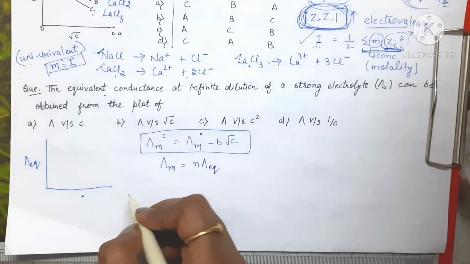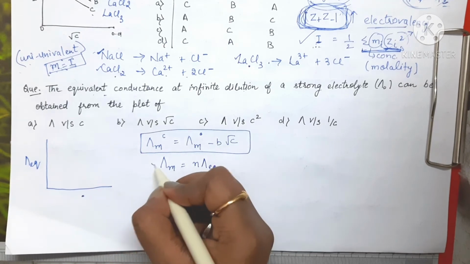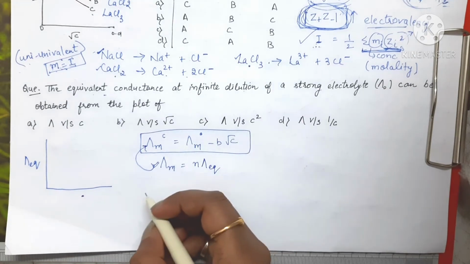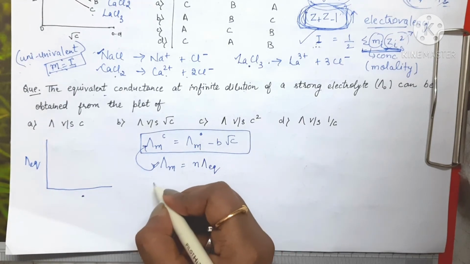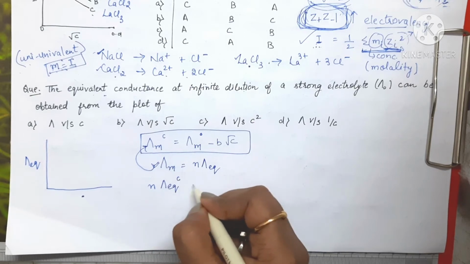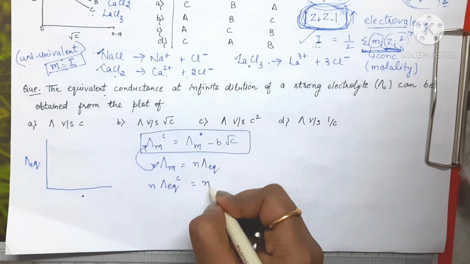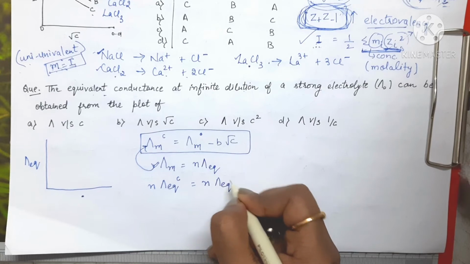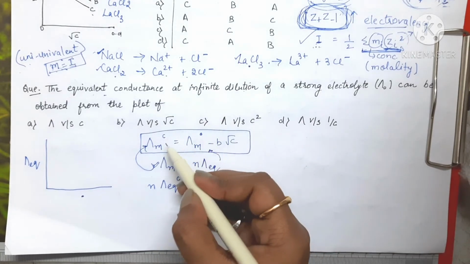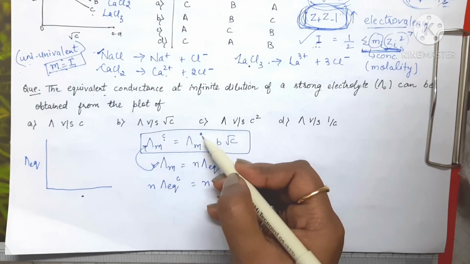So I'll just put this value over here. Okay, so now what I'm getting is n lambda EQ at concentration C will be equal to n lambda EQ at infinite dilution.